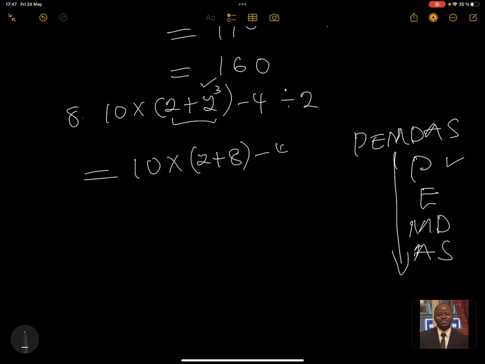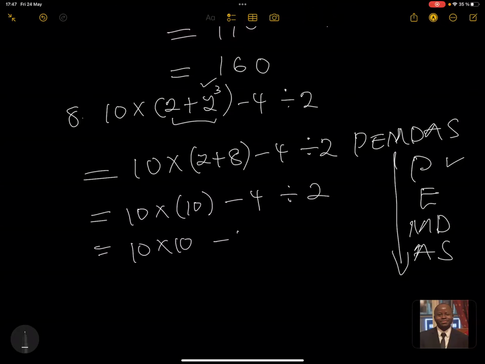This gives 10 multiplied by 8 minus 4 divided by 2, minus 4 divided by 2. This is interesting, yeah? So what do we do next, according to the rule?